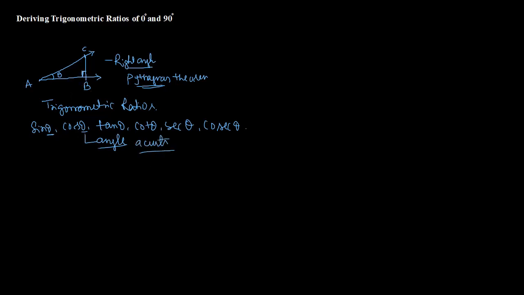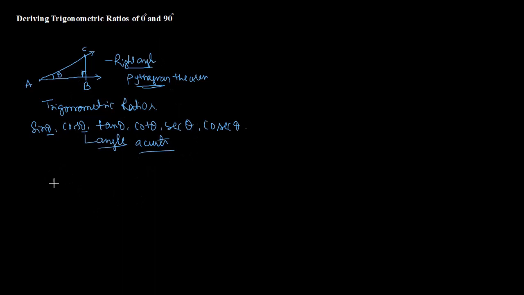These trigonometric ratios are sine theta, cos theta, tan theta, cot theta, secant theta, cosecant theta. Here theta for all of them is an angle represented in that triangle. Usually it is an acute angle. If not, if you are considering 90, we'll try to see how we find the value for 90 here.